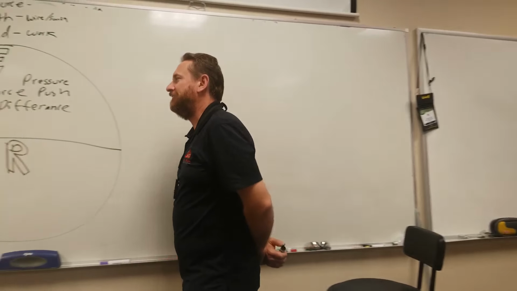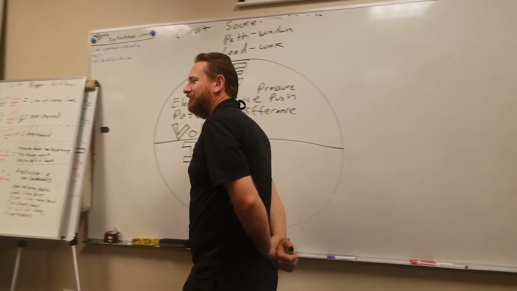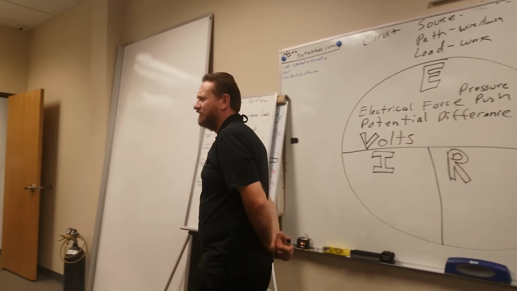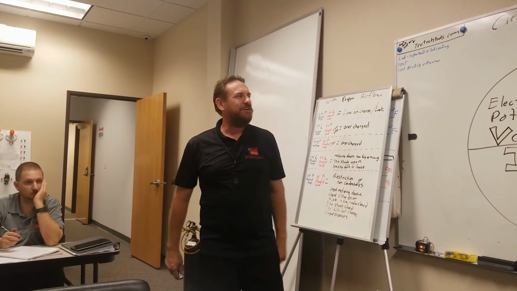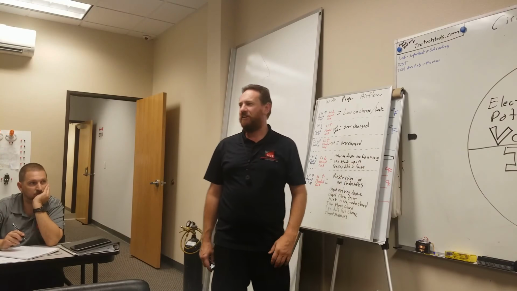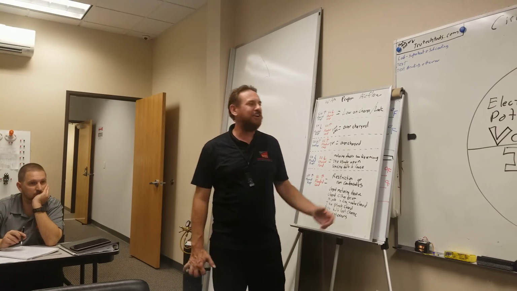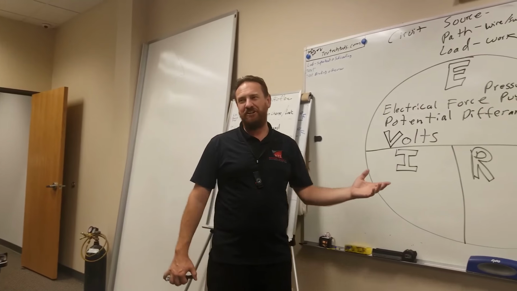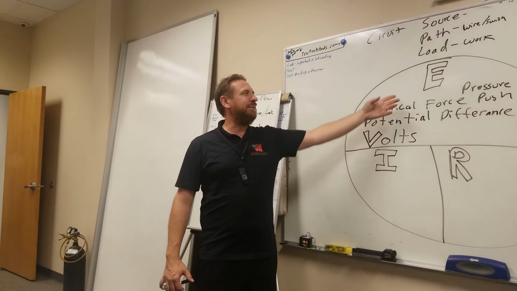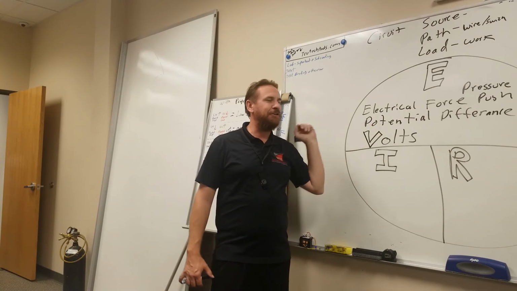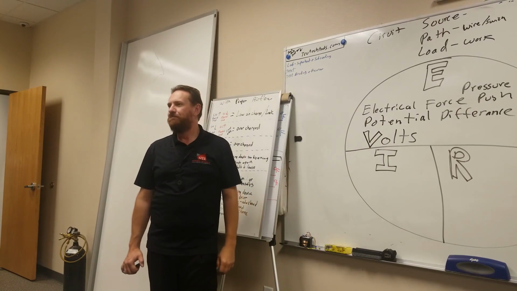Let's honor him, and let's call it after his name. And his name was Alessandro Volta. So they started calling it volts after Alessandro Volta. But it's really E for electrical pressure, electromotive force, potential difference. Sound good, right?